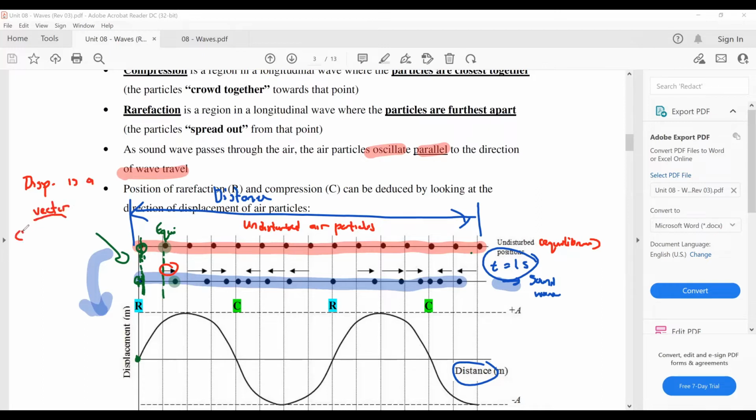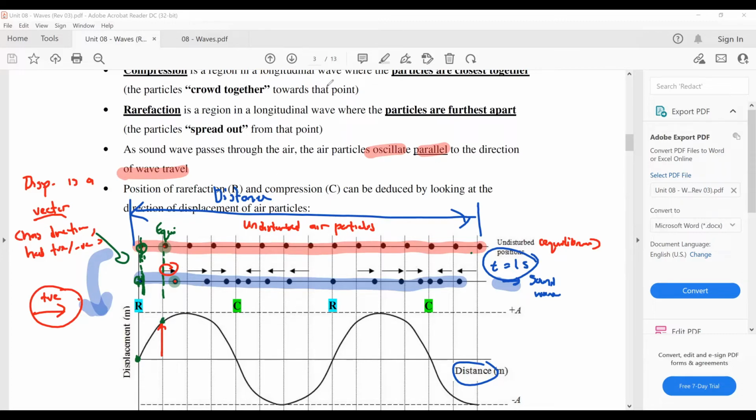So vector has direction or has positive, negative. So let's just say, for example, right now, going towards the right is considered positive displacement. All right. So for the first particle that you have here, it has now displaced to this position and is going towards the right. So it's considered to be positive displacement. So it is represented by this point here.